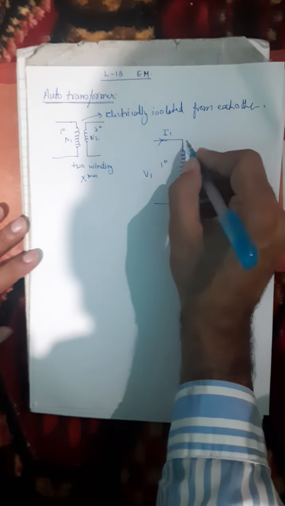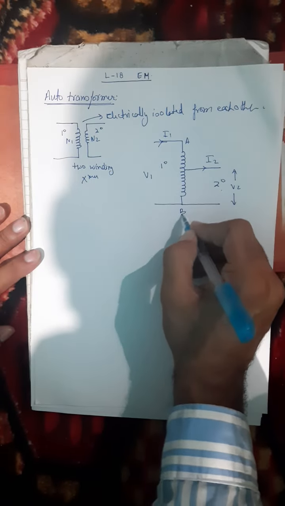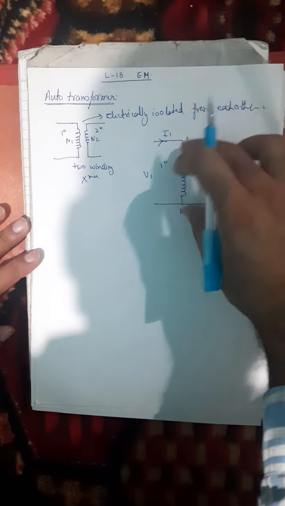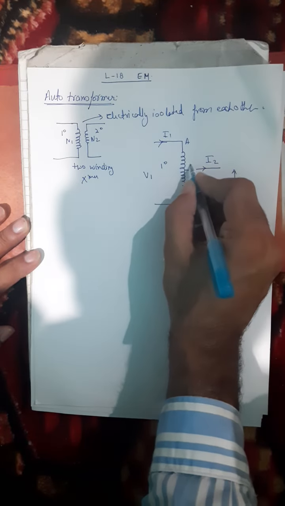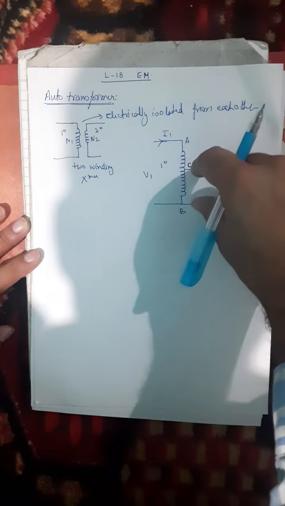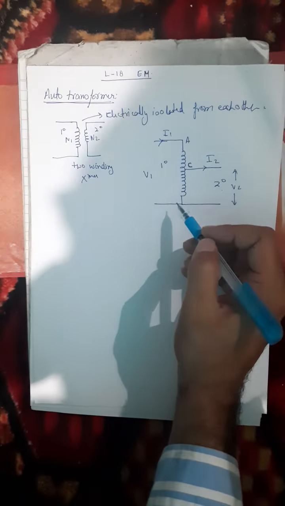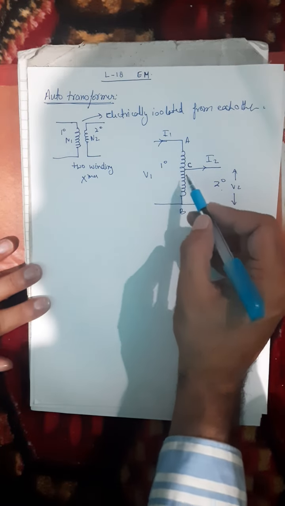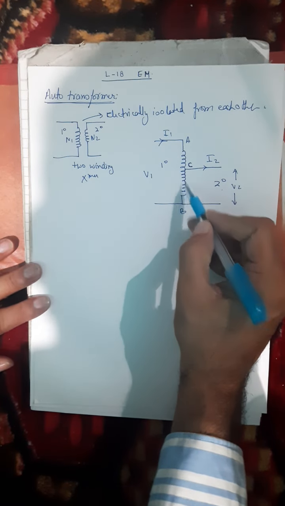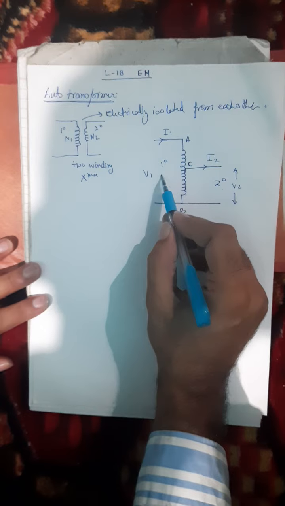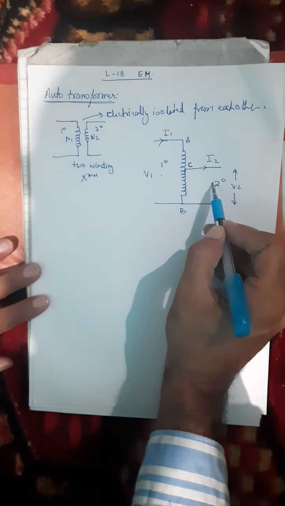So you can see that I have a winding here AB. So the primary winding is AB and the secondary winding, I am labeling a point here, will be BC. Okay, so I am saying an auto transformer is a transformer in which a part of the winding is common to both primary as well as secondary circuit.